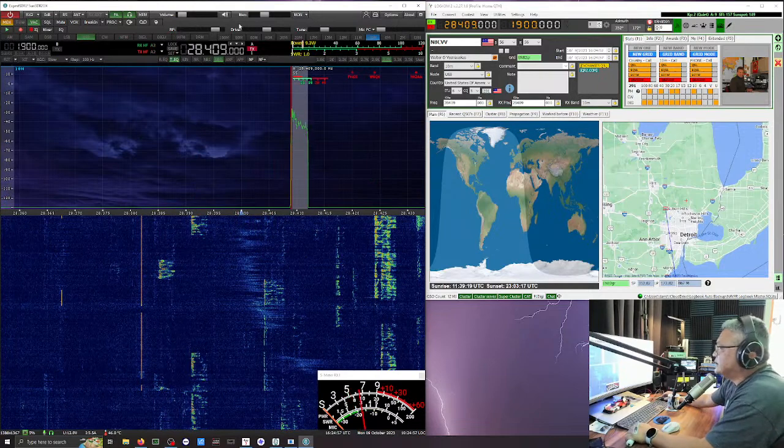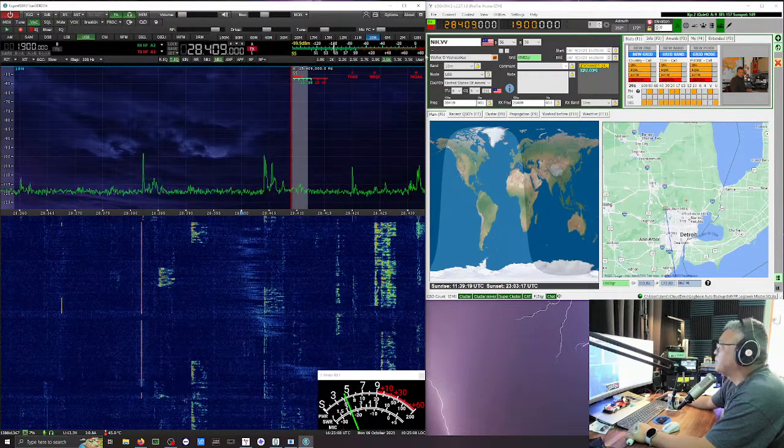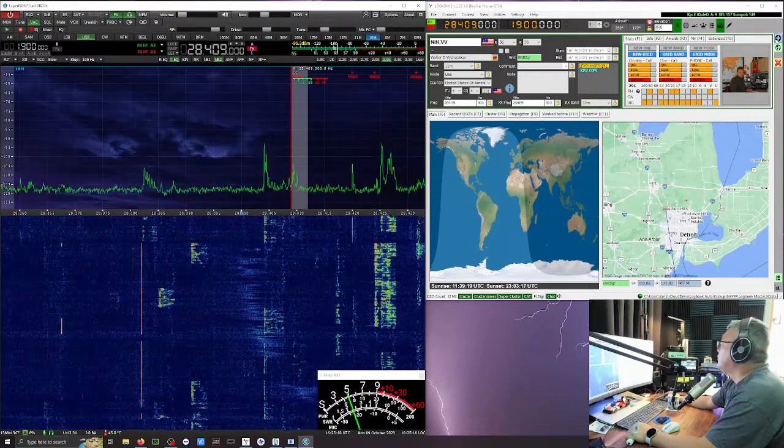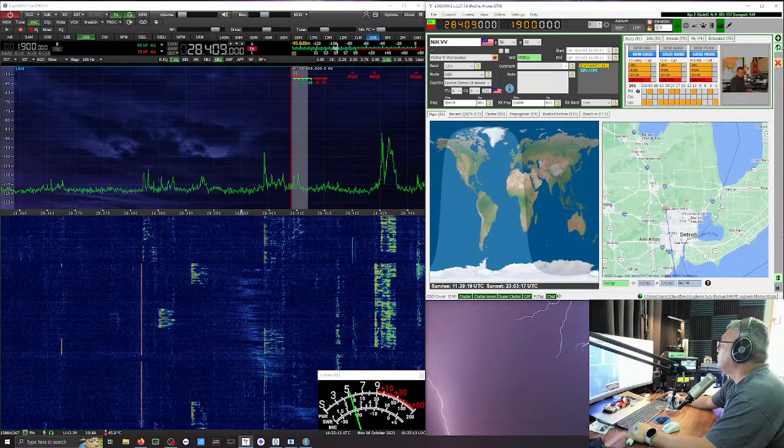All right, 73s. One more last call. QRZ, any other stations out there just monitoring? This is November 4, Victor, Foxtrot, Romeo. 203 Alpha Tango Zulu.